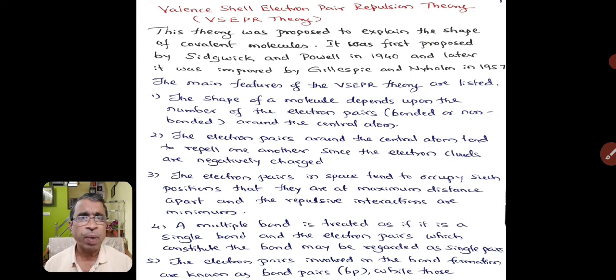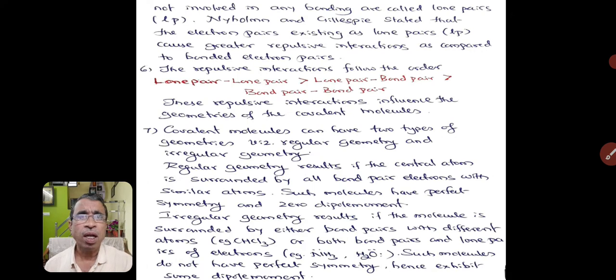The electron pairs involved in bond formation are known as bond pairs, while those not involved in any bonding are called lone pairs. Nyholm and Gillespie stated that lone pairs cause greater repulsive interactions as compared to bonded electron pairs.